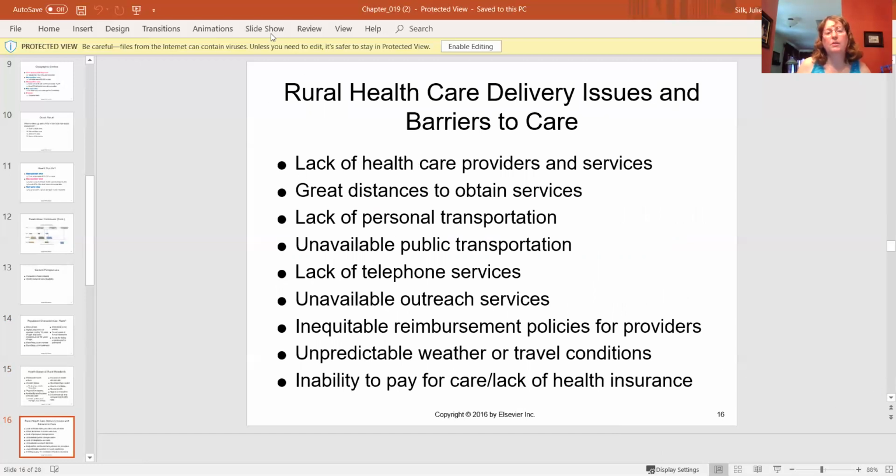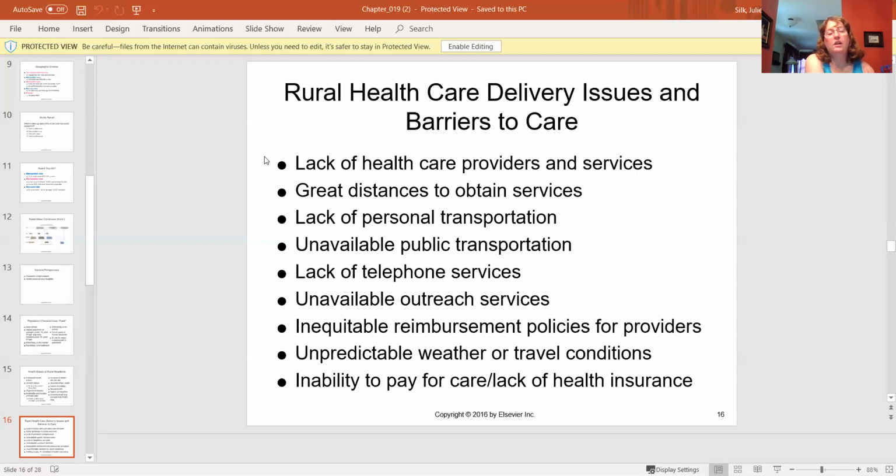Okay, so this slide's talking about rural healthcare delivery issues and barriers to care. We already mentioned a few, but the big one is lack of healthcare providers and services. They just don't have as many options where they live. It may take them a long distance to find someone to get looked at. Maybe I live up in the mountains and it takes me a good hour to get to the next city so that I can get some health care. A lot of people lack personal transportation. Maybe they don't own a car or can't afford a bus ticket.